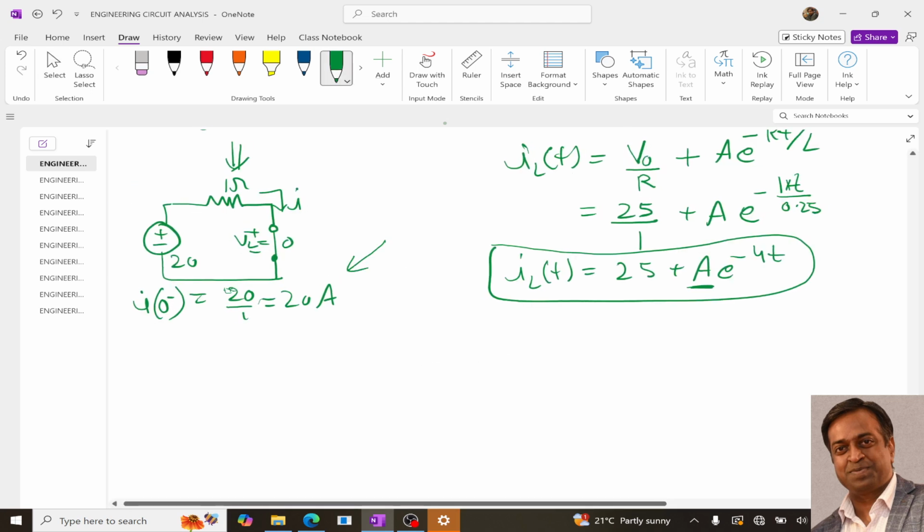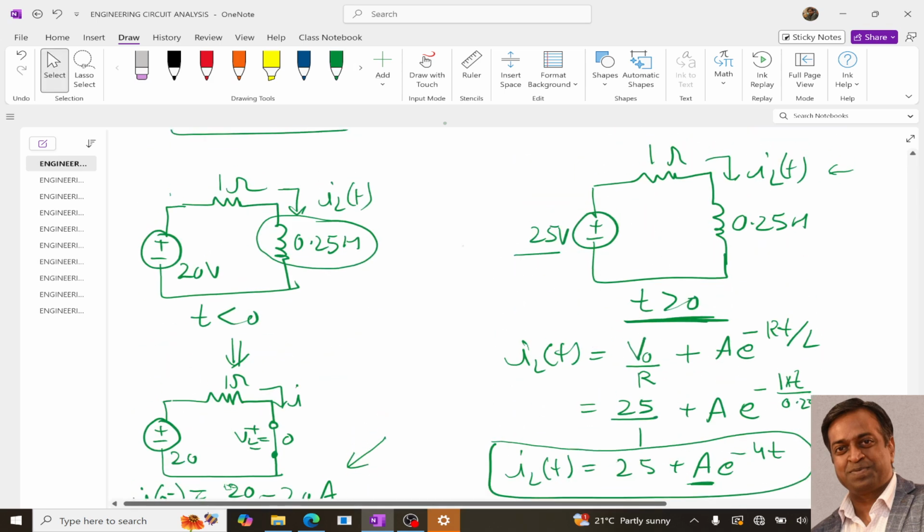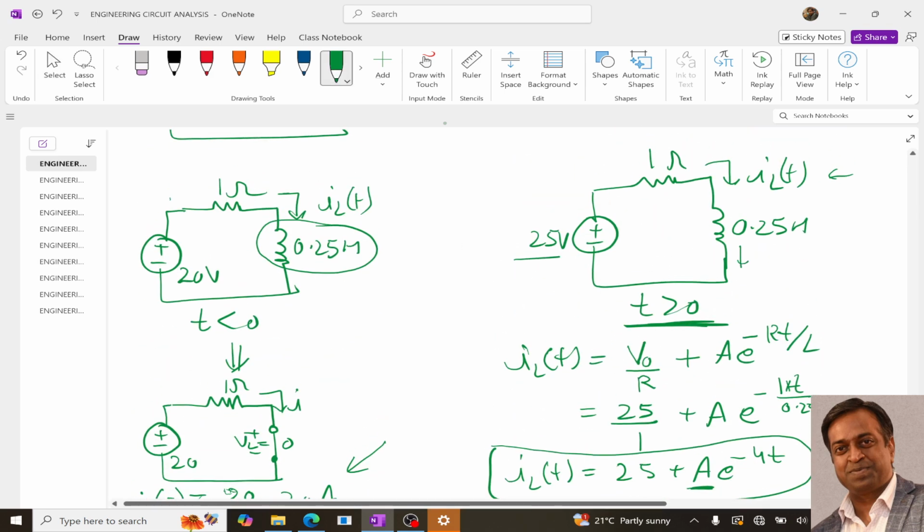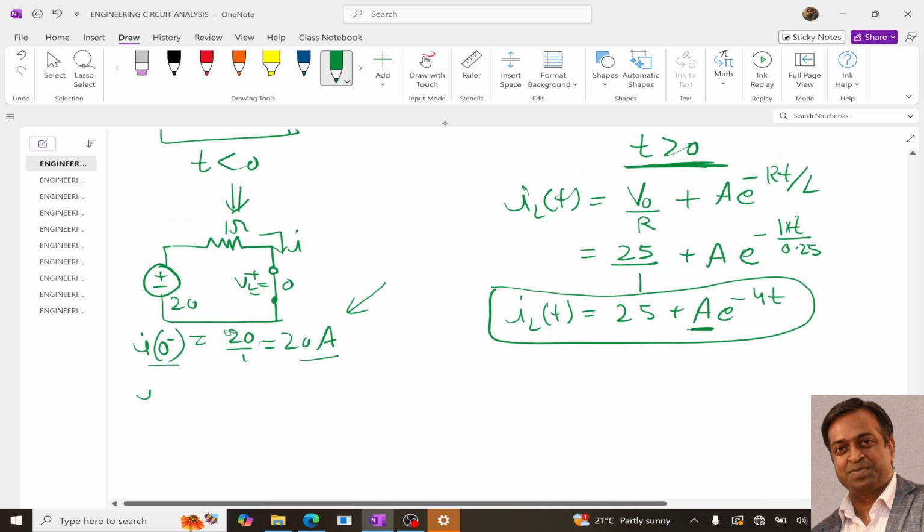Now since at 0 minus the current is 20 ampere, and we know that the current through the inductor does not change, like an inductor tries not to change the current, it means at t equals 0 plus the current must be equal to the current at 0 minus.